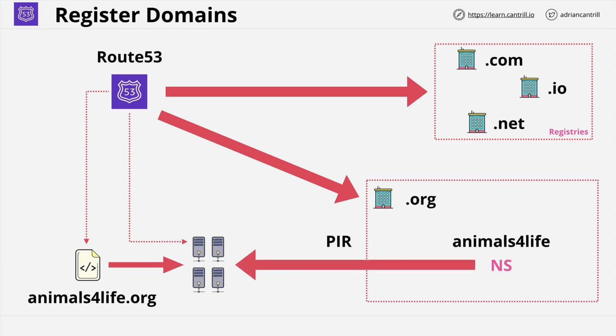So these name server records are how PIR delegate the admin of the domain to us. By adding the name server records to the org zone, they indicate that our 4 name servers are authoritative for the domain. And that's how a domain is registered using Route 53. It's not a complicated process when you simplify it right down.